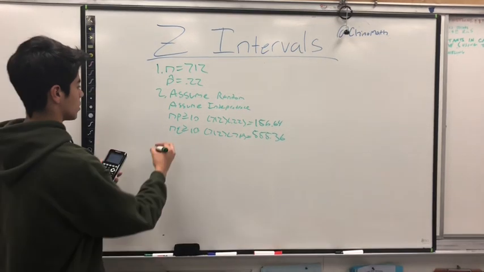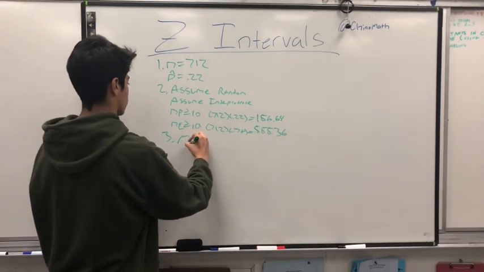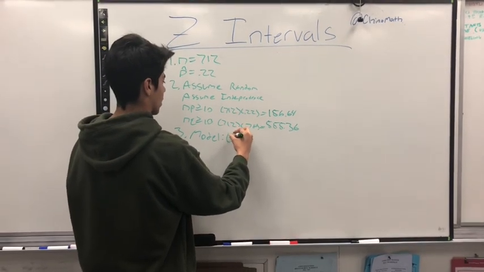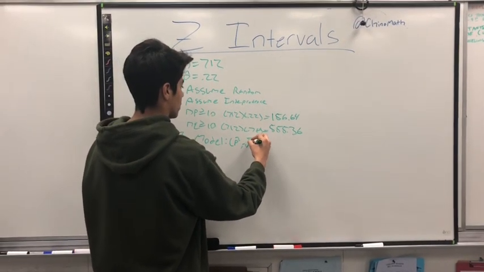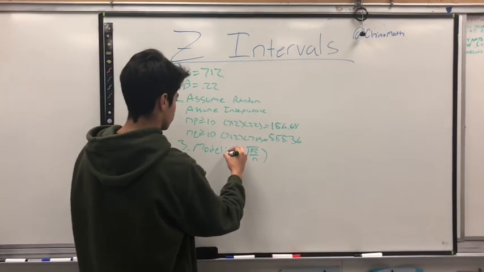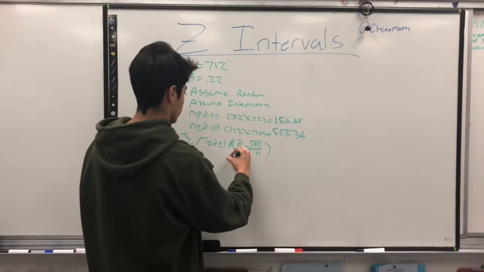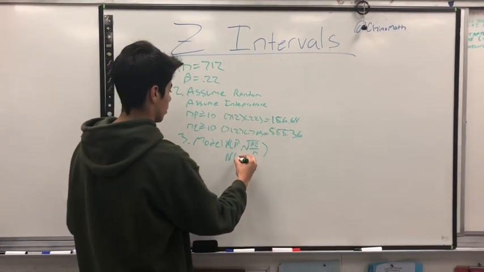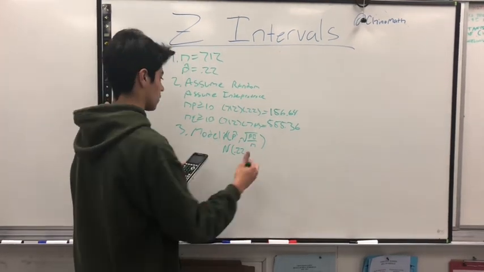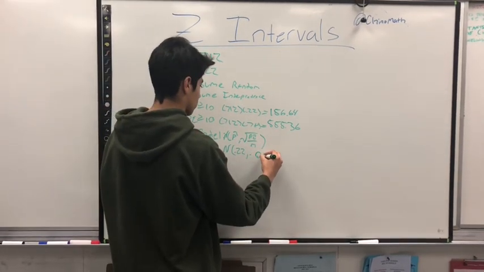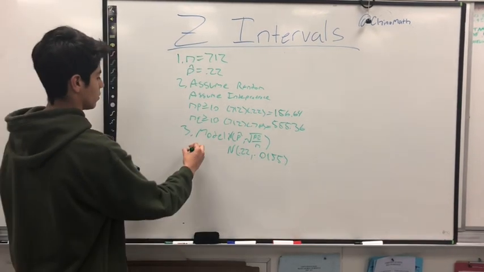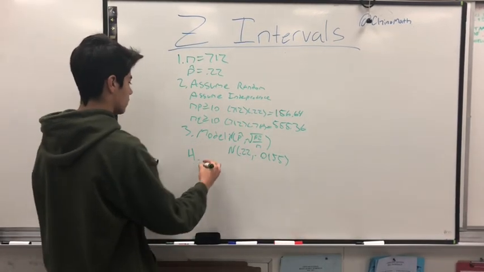Okay, so that's for our conditions, and now we have a model. We're centered at p hat, with a standard error of the square root of p hat q hat over n. So it's a normal model. We have a normal model centered at 0.22, and a standard error of 0.0155.